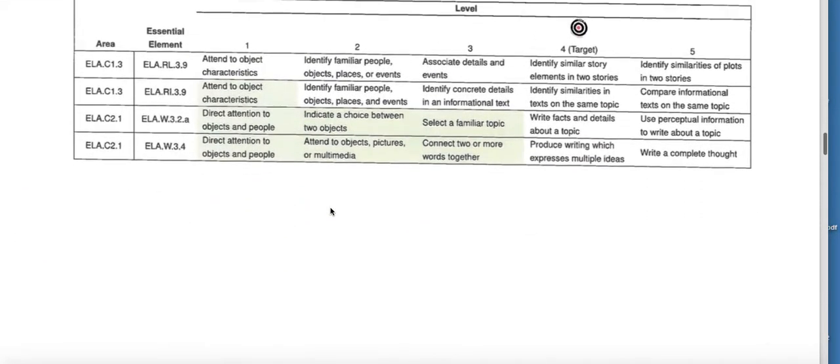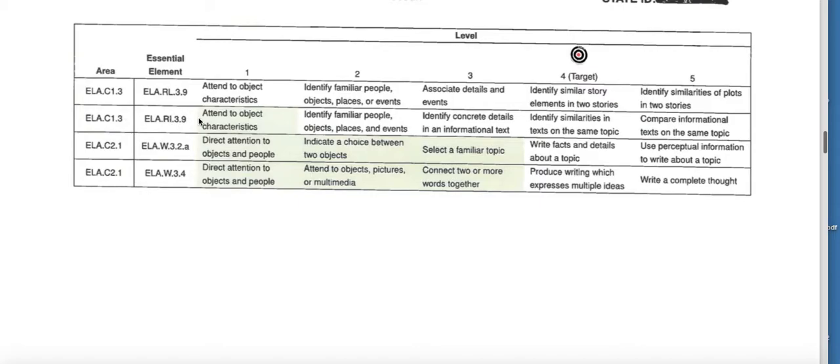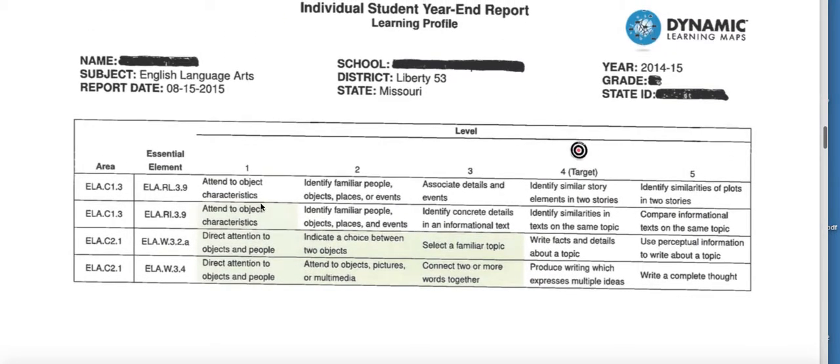Here's another example for ELA, and there's a little bit more shaded in here. On the last two essential elements that were assessed, you can see that directing attention to objects and people was the base for both of those.